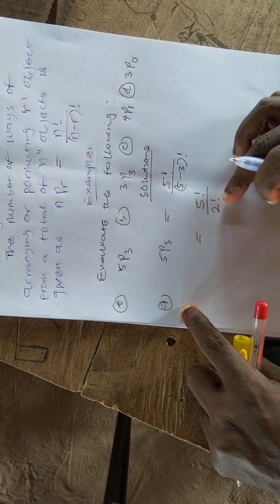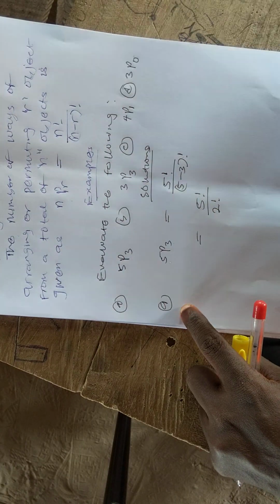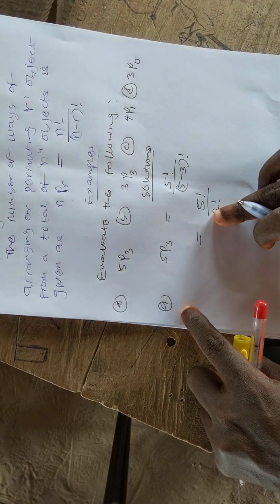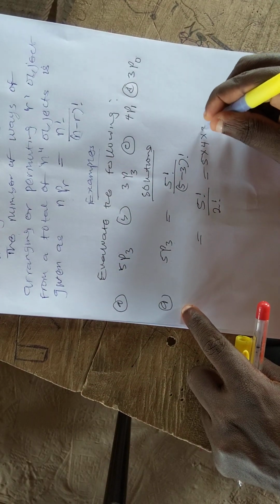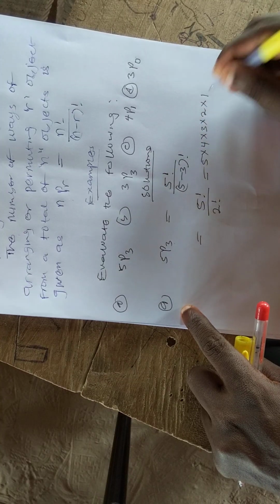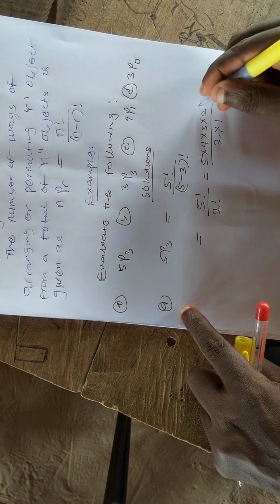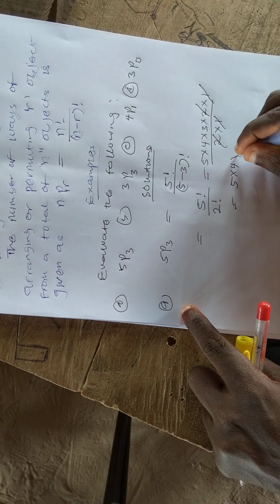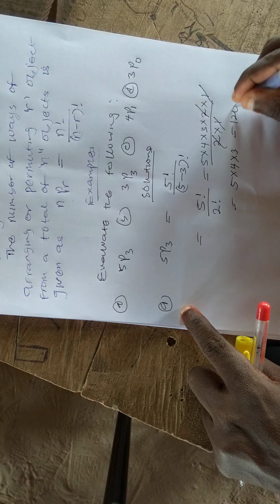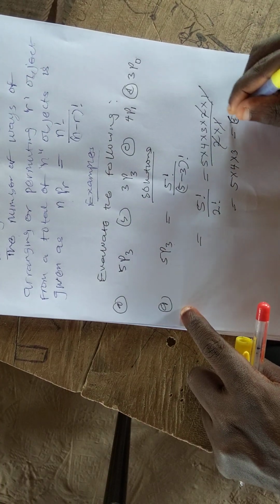This means we multiply 5 to 1 and multiply 2 to 1. So 5 factorial is 5 times 4 times 3 times 2 times 1 over 2 times 1. So 2 cancels 2, and we are left with 5 times 4 times 3. 5 times 4 is 20, 20 times 3 is 60. So the answer will be 60.